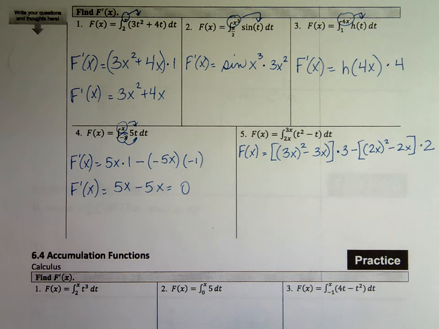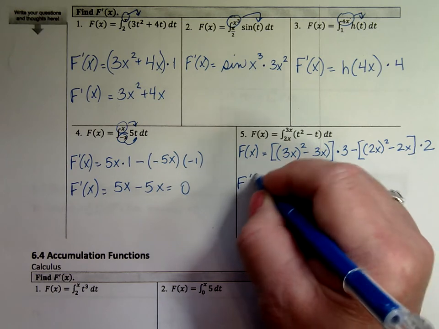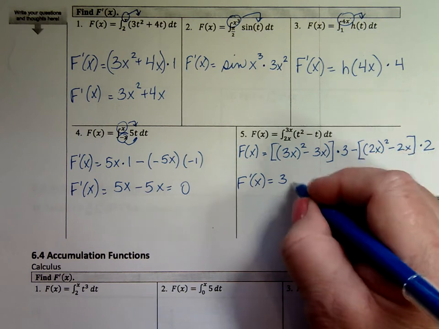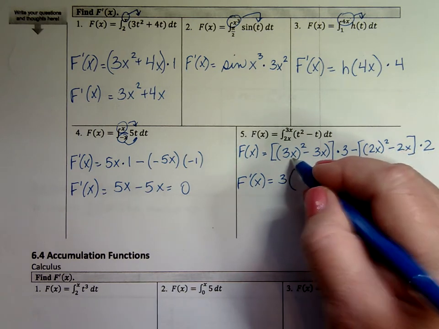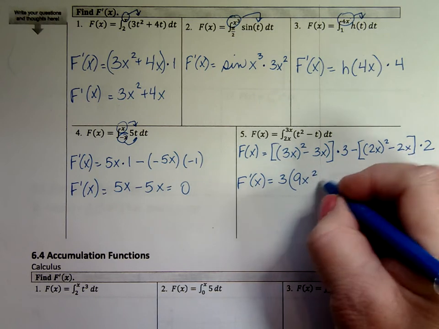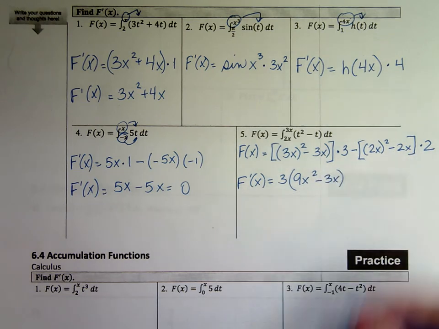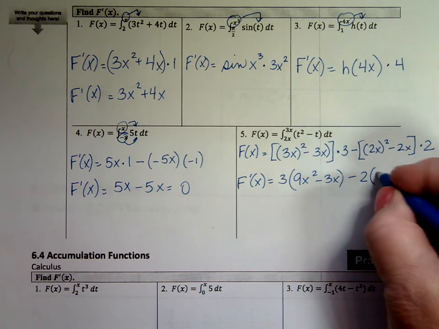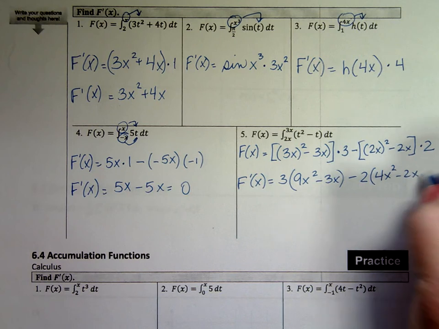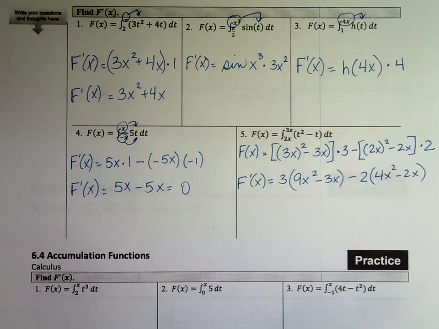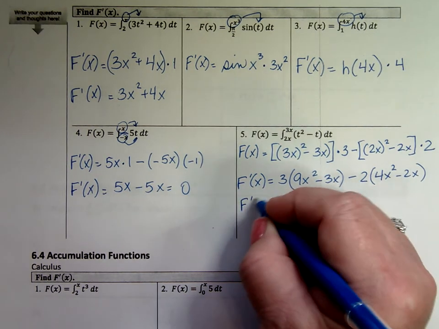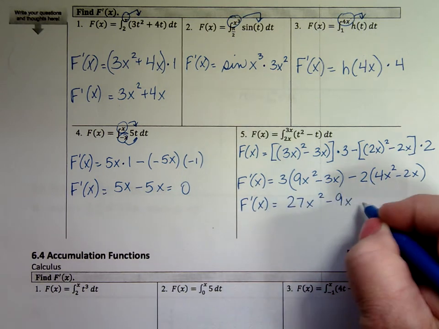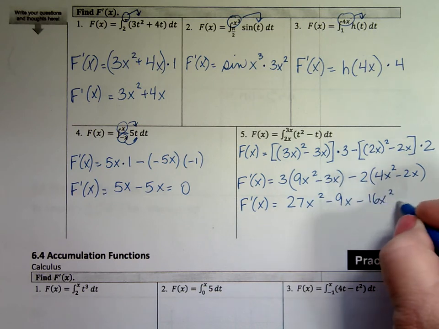Now they actually do want us to take it a little further, make it pretty. So let's see our algebra skills here. We have this 3 in the back end, times 3x times 3x, 9x squared minus 3x. Bring this 2 over in the front here, times 2x times 2x is 4x squared minus 2x. And then distribute out your 2's and 3's and see if we can combine anything together. 27x squared minus 9x minus 16x squared plus 4x at the end.